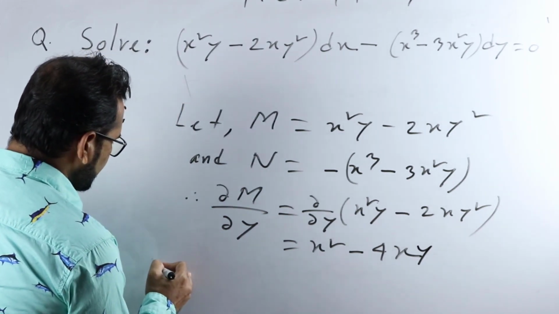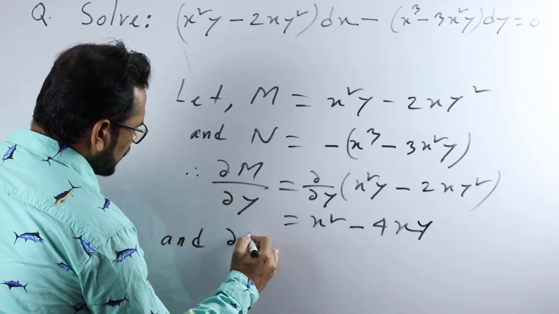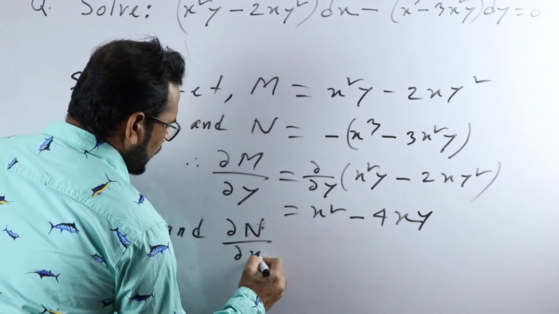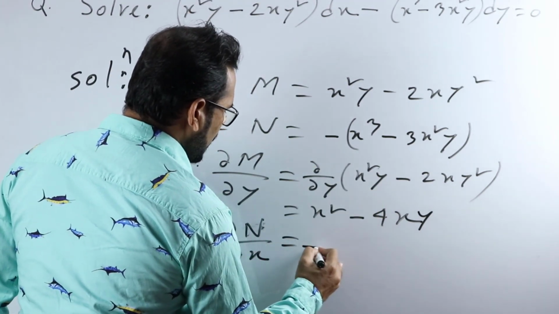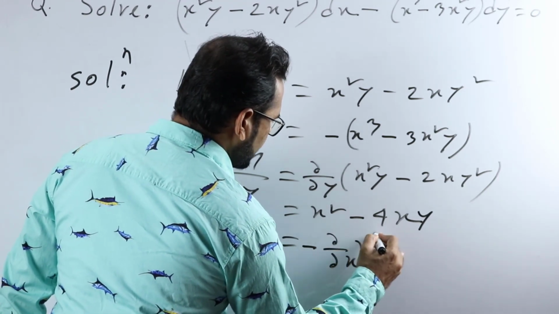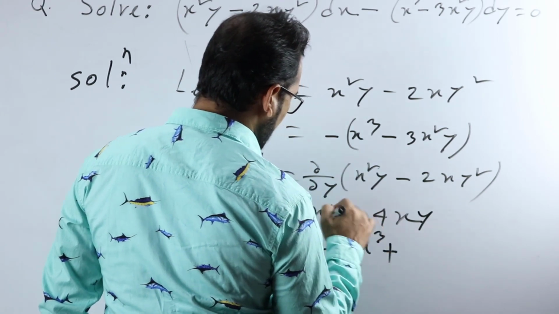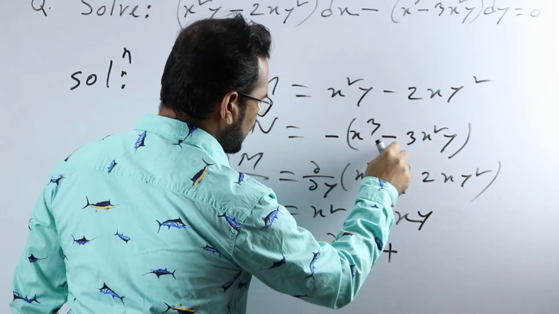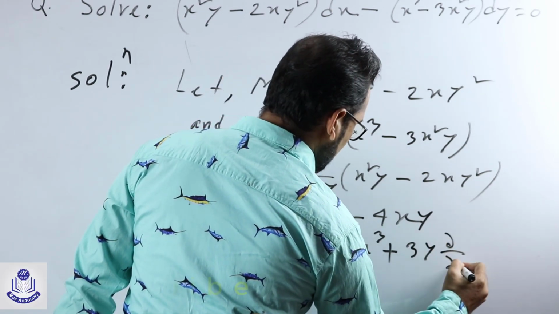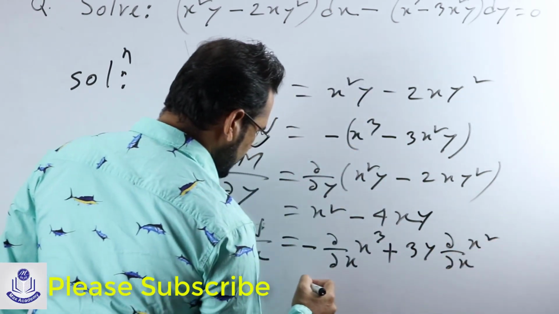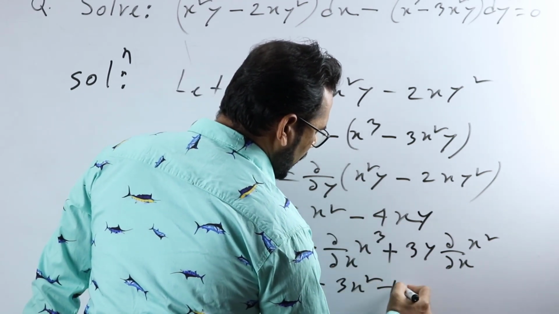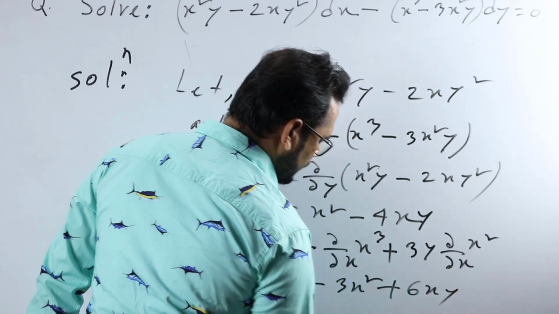Okay, and del x of N is equals to minus del x of x cube minus plus, here this minus plus, so 3y del x of x square, then it will be minus 3x square plus 6xy.